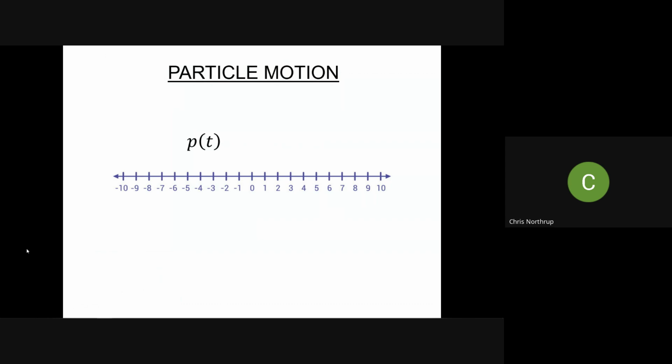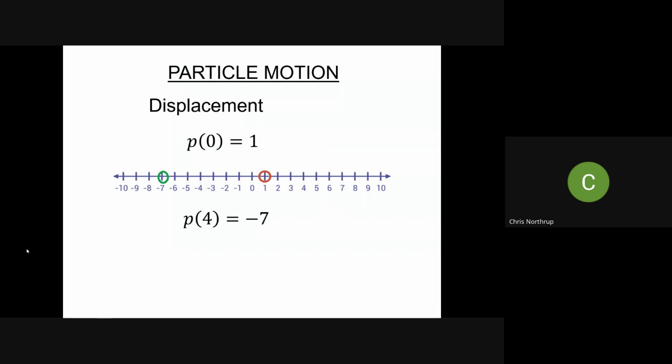Now, one thing that we're going to see is something called displacement. You can think of this as really just where I ended relative to where I began. So for example, suppose that p of 0 is 1. That means that my particle is starting off at the location of 1. And let's say that p of 4 is -7. Hypothetically, let's say that these time values are in seconds. So my particle could have been moving to the right and stopped and then moved to the left.